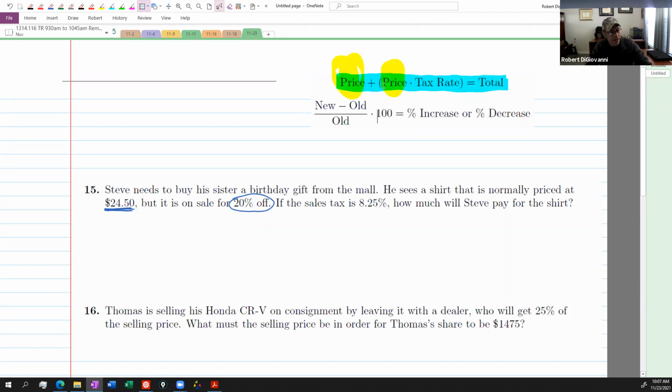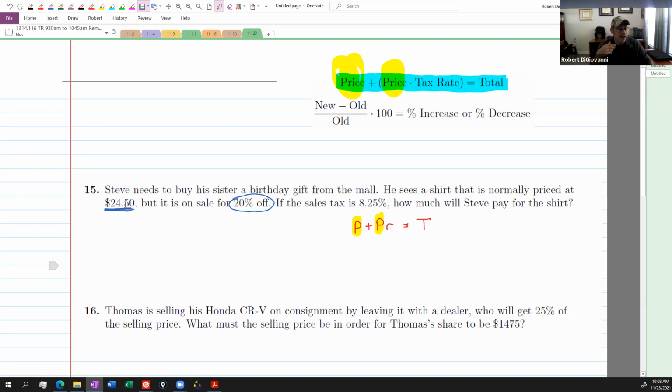We will use this formula. I think I wrote it last time like this: P plus PR equals total. So we need to first find the price, and that's the price after we take 20% off. There's two ways to figure out what the price is. One way is to figure out what 20% of this is and then take it away.